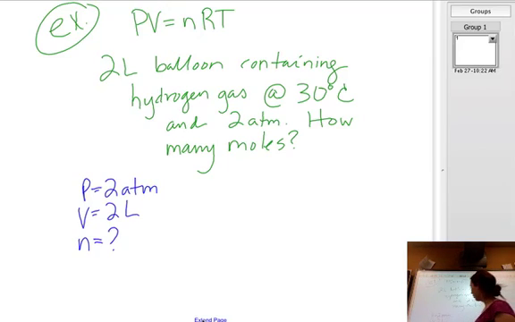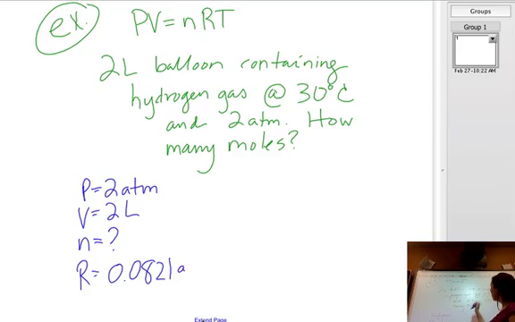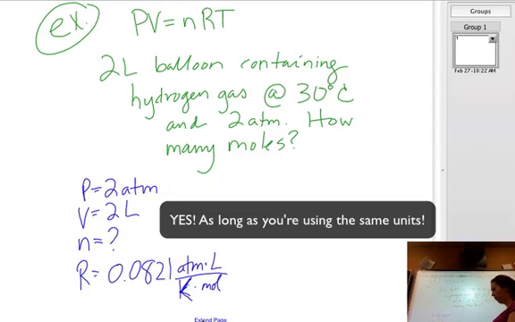So then we know R, 0.0821. And what are the units on it again? Pressure ATM times liters over Kelvin moles. I have a question. Is that always going to be 0.0821?